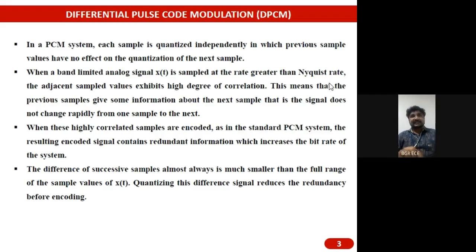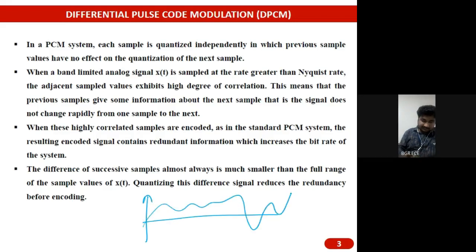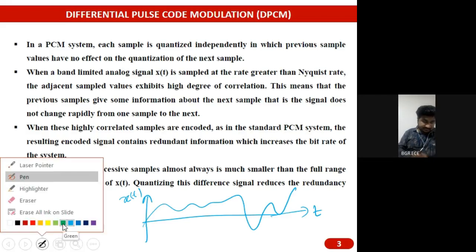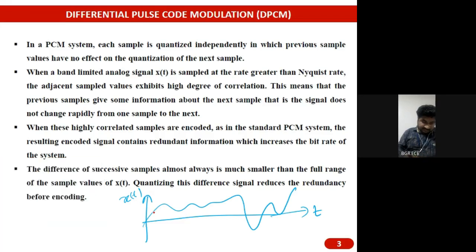If a band limited analog signal is sampled at a rate greater than the Nyquist rate, let us assume an analog signal like this, and if I am taking samples very far apart, then this will not mean that this particular sample is correlated to this sample, because they have different values and are separated apart.